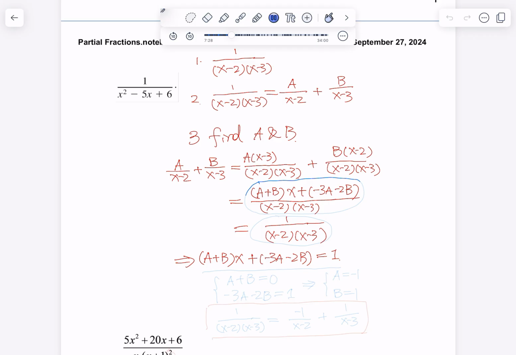Notice that we are claiming that these two rational functions must be the same function. That means their numerators must be equal all the time, for all x. To make that happen, the only solution is to make A plus B equal 0 and minus 3A minus 2B equal 1.